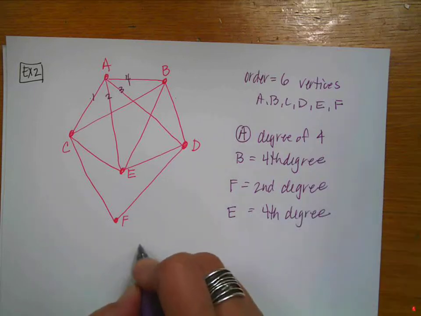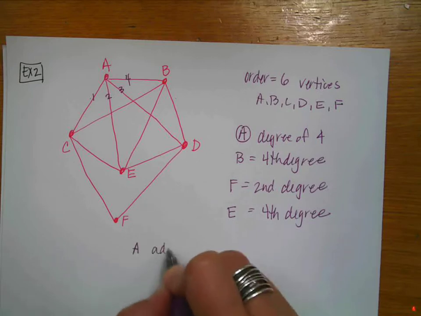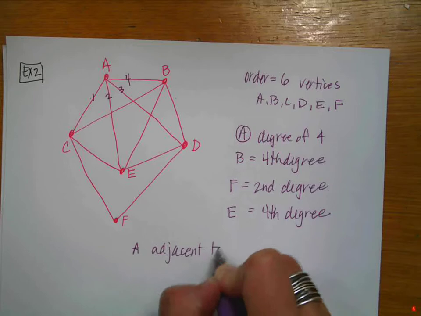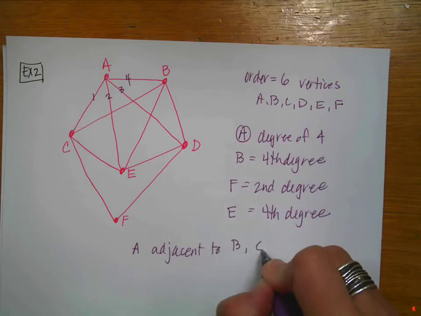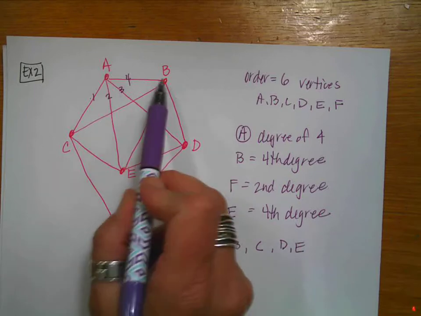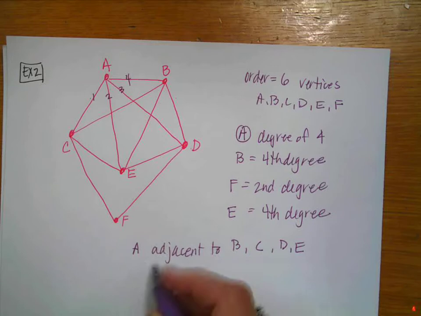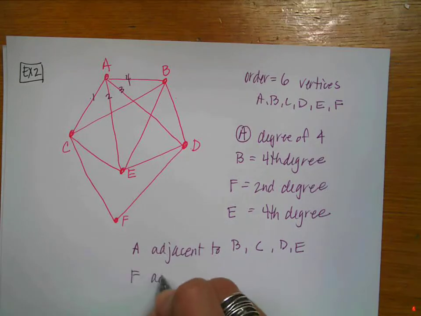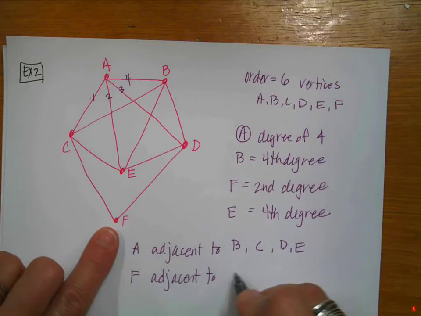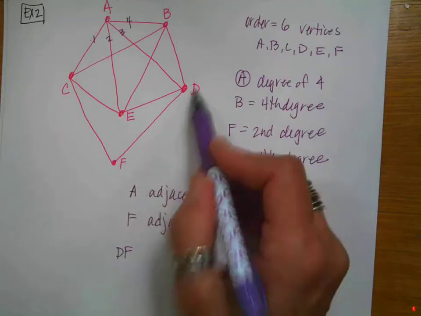If I use other words that we just learned on our previous page of notes, A is going to be adjacent to B, C, D, and E. Adjacent means I can go from A to B, A to D, A to E, A to C. F is going to be adjacent to C and D. And then I can look at edges.